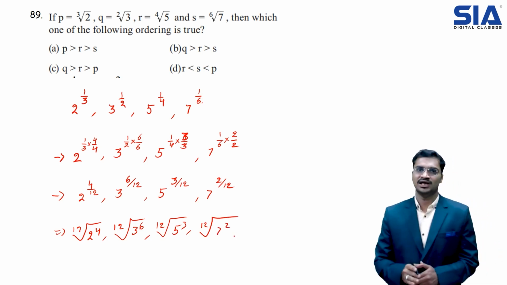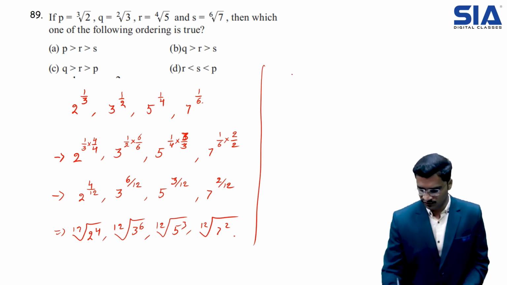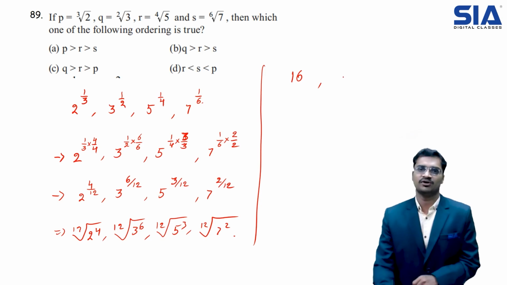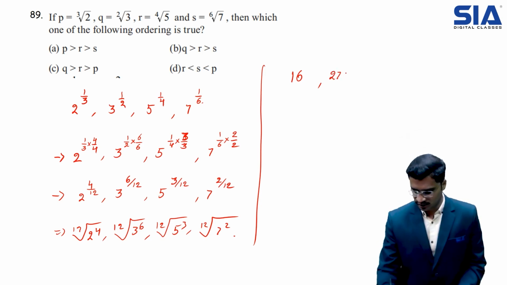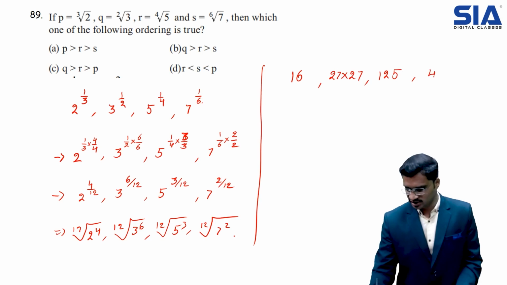Now the comparison has become very easy. 3 to the power of 4 is nothing but 81. 3 to the power of 6 is 3 cube, 27, multiplied by 27. Then 5 cube is 125, and 7 square is 49.